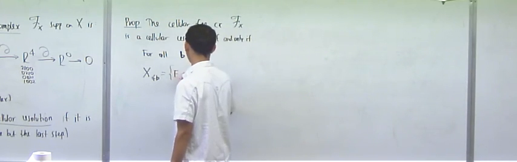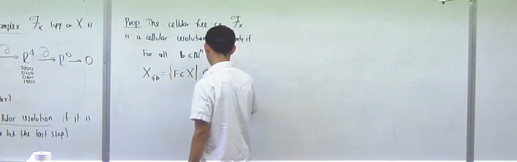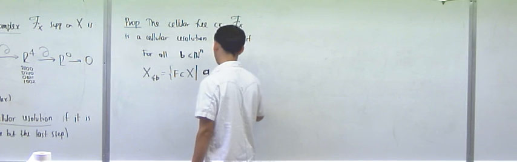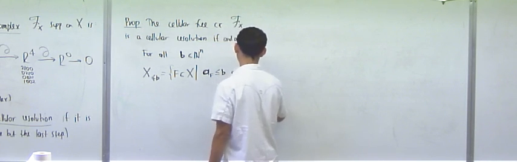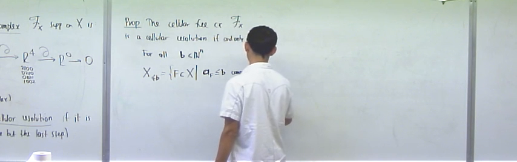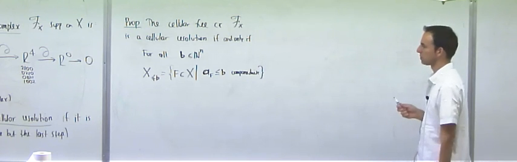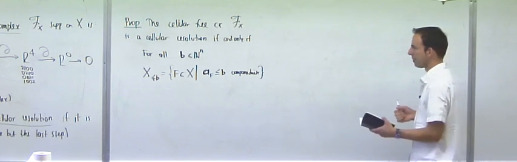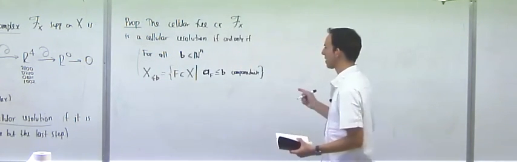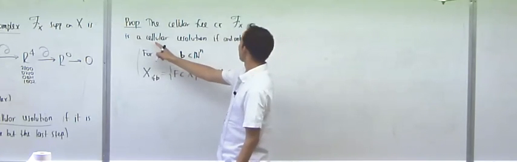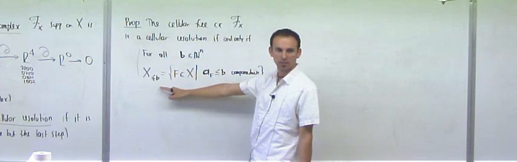So we want the faces of X such that when we look at the label on that face, that should be less than or equal to b in every component. So this is a cellular resolution if and only if this subcomplex is always acyclic, has no homology.